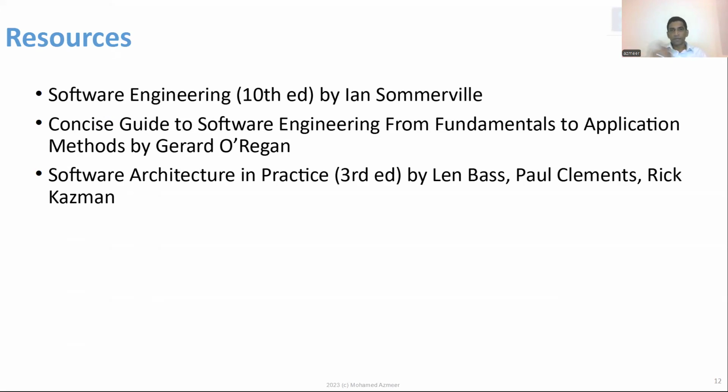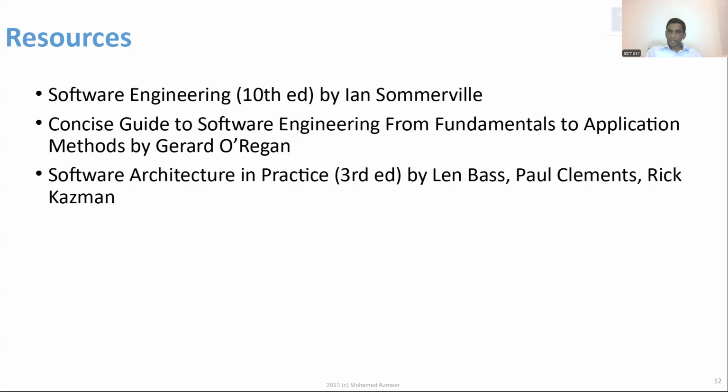So the Bible, Sommerville's Software Engineering, 10th edition, has an excellent chapter on software quality assurance. I'm giving the edition because this is the edition I have. If you have a different edition, no problem. I'm sure it has a section on the same thing. I'll try to share the PDF version. Check the LMS maybe by end of today. I'll see whether I can get you a PDF version of these.